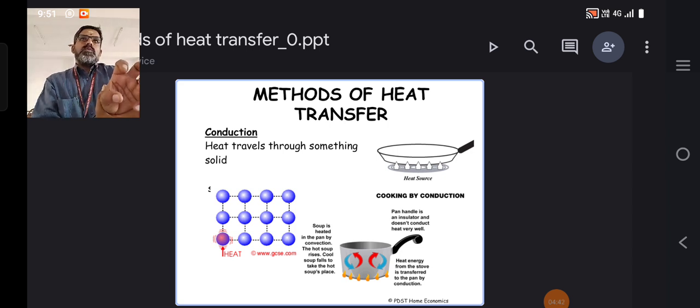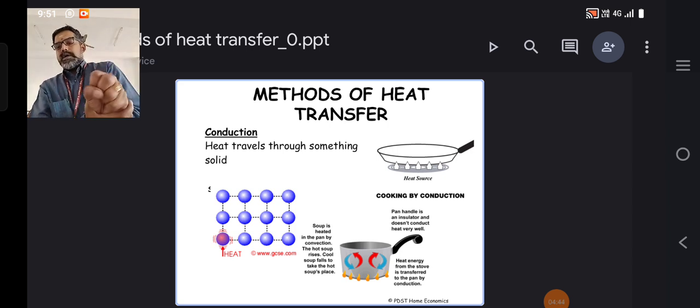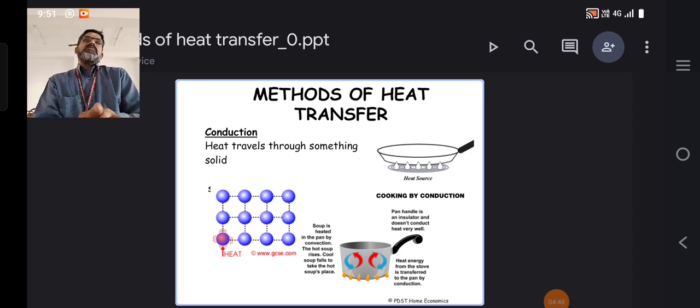Thermal conductivity is how much heat a material is capable of conducting. Heat flux is how much heat is spread over a particular area. We need to know these small things to calculate the Q value.